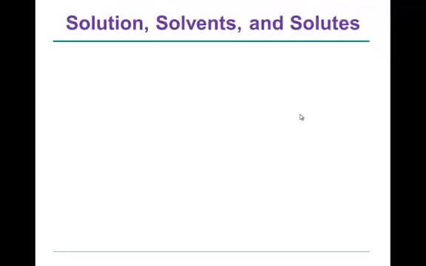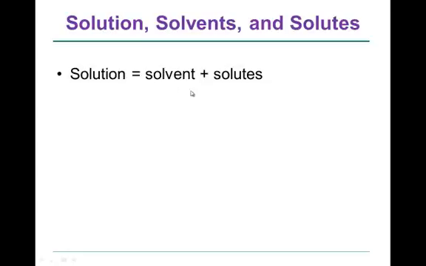And so first we're going to learn about solution, solvents, and solutes. A solution, we can write it as an equation, consists of both solvent and solutes. The solvent is the liquid portion, and solutes are what is dissolved in the solvent to produce the solution. Often in biological systems, the solvent is water, and the solutes are various water-soluble chemicals.